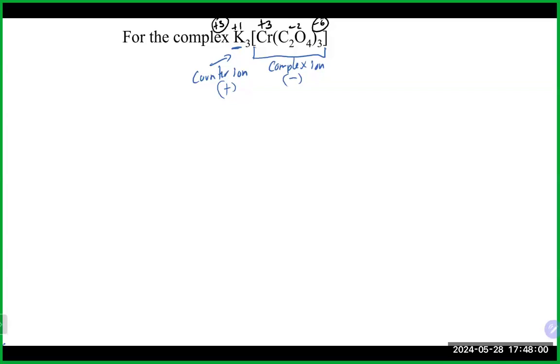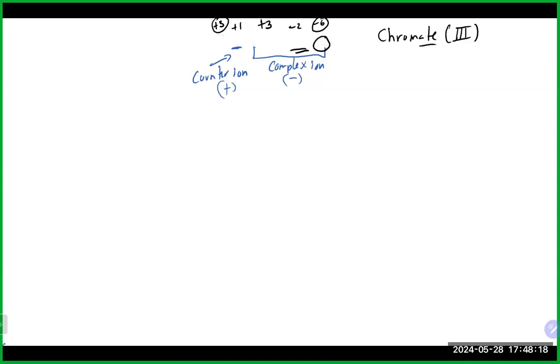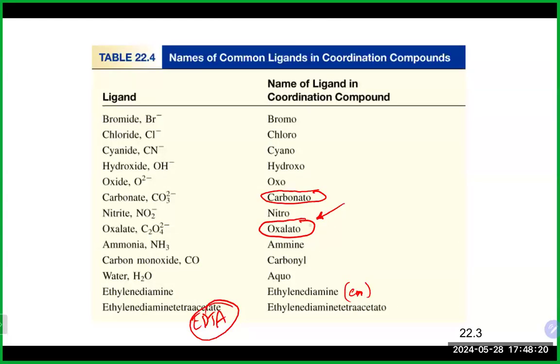So we know that it is negative, and that will give us chromate, as we need to go with the -ate version of it, and a Roman numeral 3. We also have 3 oxalates. In terms of how we name oxalate, if we take a peek back, oxalato is the name that we use for oxalate.